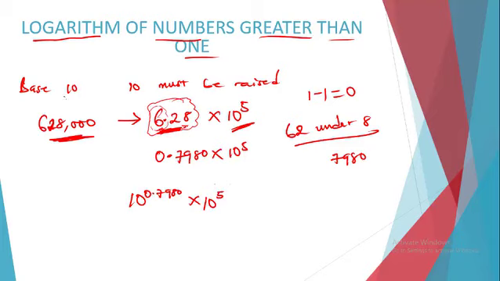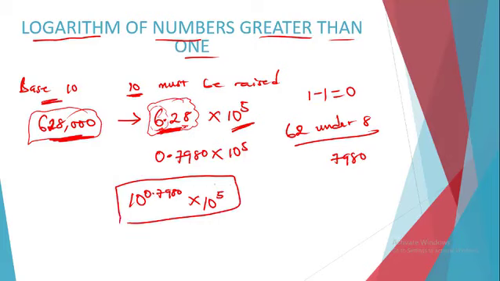Since we said that the logarithm of a number in base 10 is equal to the number that 10 must be raised to in order for us to obtain the number, what number will we raise 10 to obtain this? It's 10 raised to power 0.7980. Here we apply the multiplication law of indices.